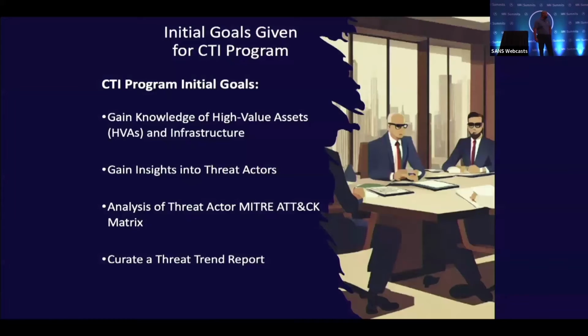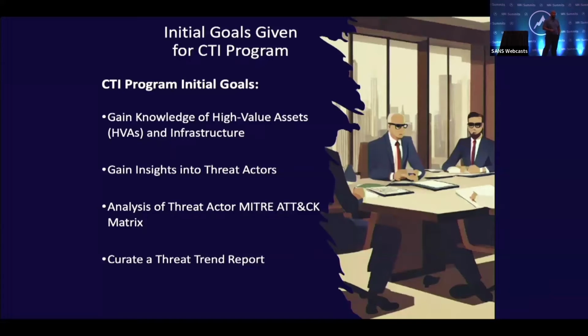I have put on the board some initial goals that help build out a cyber threat intelligence program: gaining knowledge of the high value assets. A little bit more detail is also finding out the interdependencies and also their current vulnerabilities, gaining insight into threat actors. That involves also looking at them and finding any of the capabilities, motives that they may have as well.